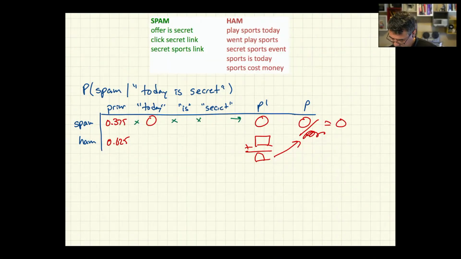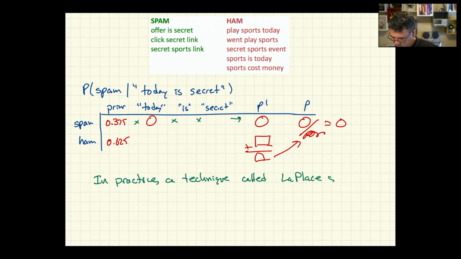So the answer is, in practice, there's a neat little trick that it does. It uses a technique called Laplace smoothing. The way that works, and it's really easy to do, is for every single number that you calculate, just add a very small constant to it, like 0.00001.